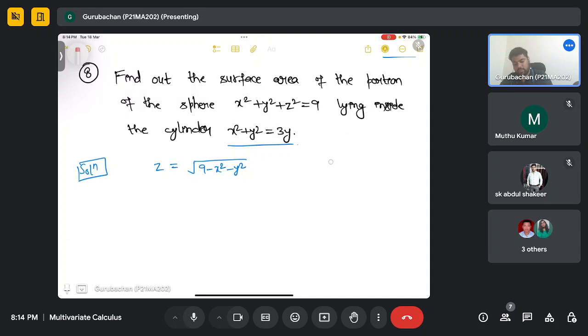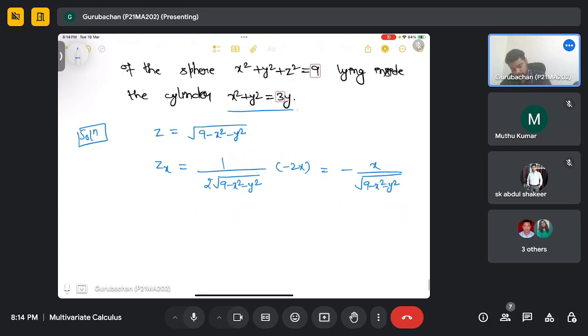So zx will be 1 by 2 times under root 9 minus x square minus y square into minus 2x, which will give us minus x by under root 9 minus x square minus y square.